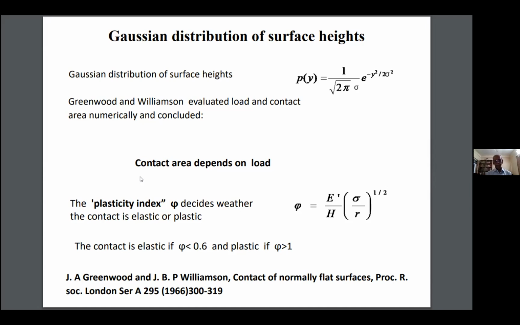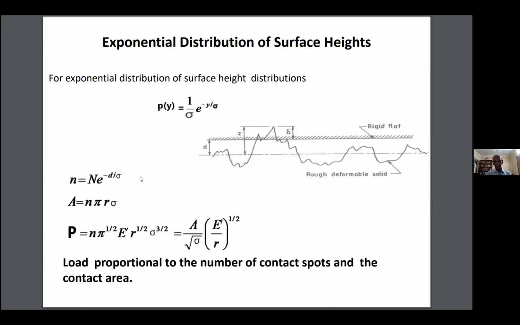So that will depend on load. But if it is two rough surfaces, try to understand this. If there are two rough surfaces in contact, it is difficult to say whether they are in elastic contact or plastic contact.